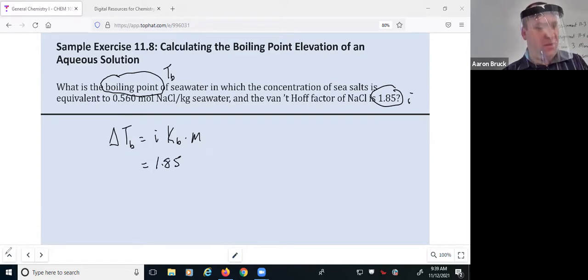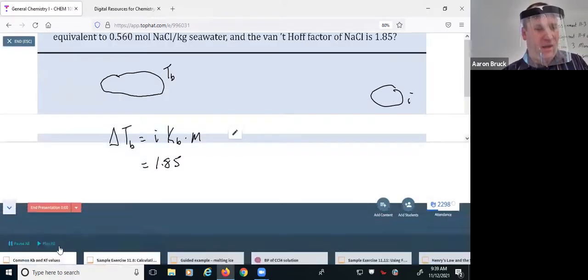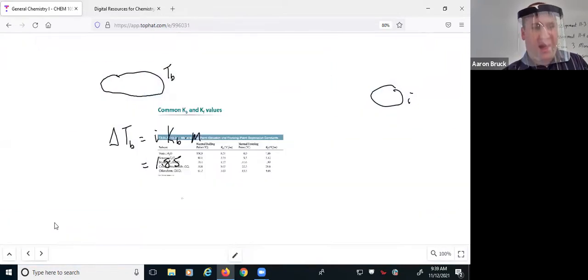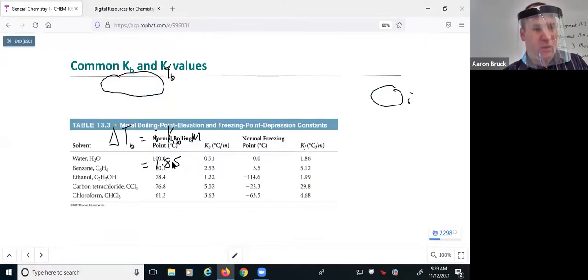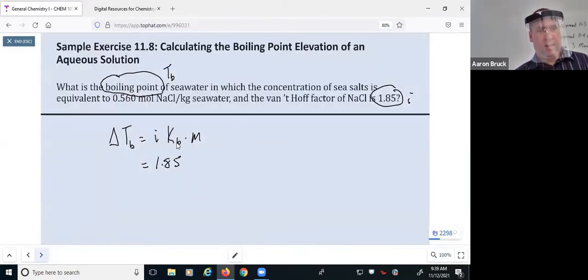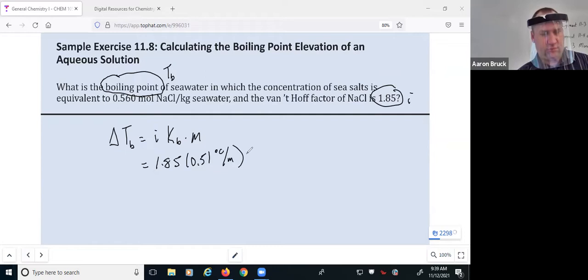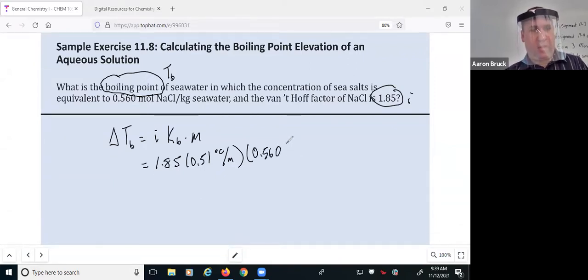K_B, we can pull from that table. K_B for water is 0.51 degrees Celsius per molal. And then the molality itself is this 0.560, because we already have moles of sodium chloride per kilogram of seawater.